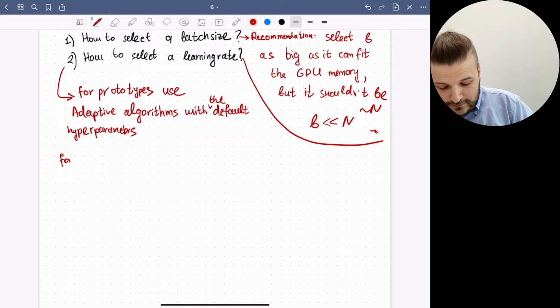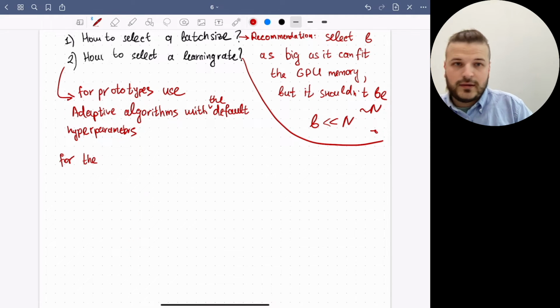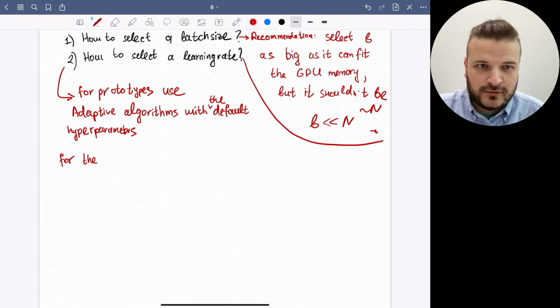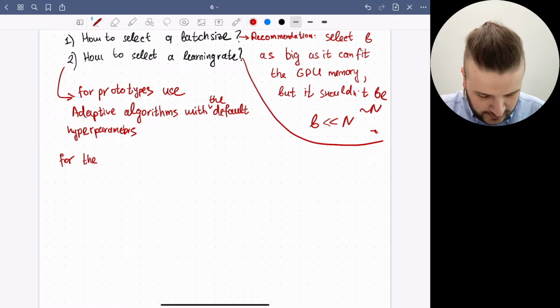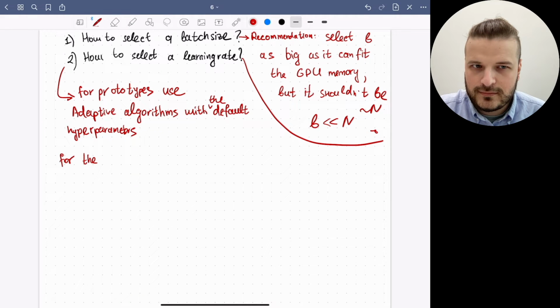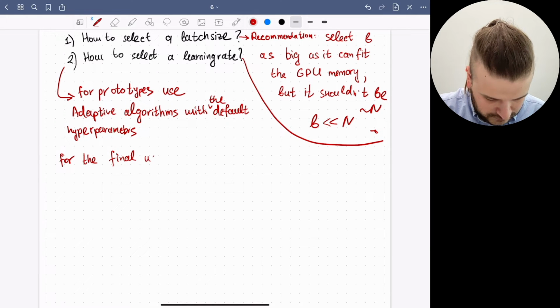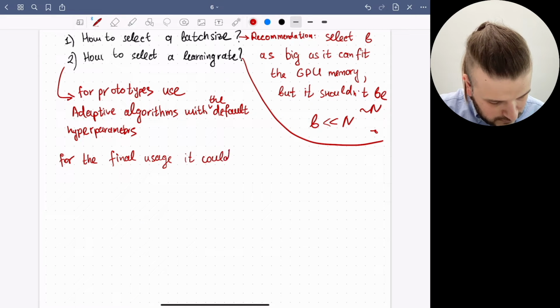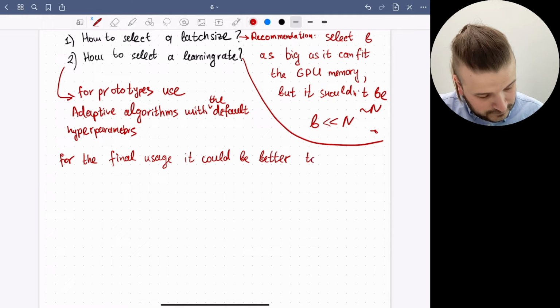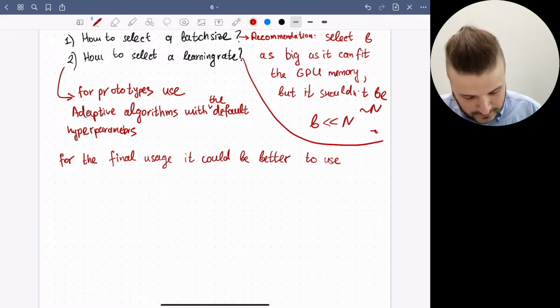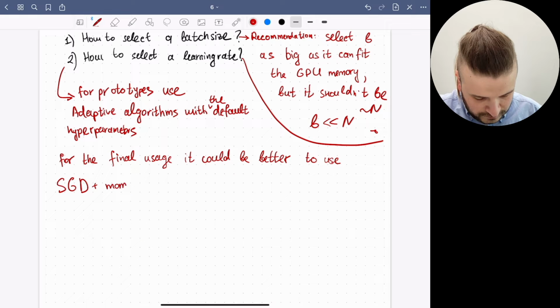But for production tasks, or for the actual tasks, let's say final usage, it could be better to use SGD plus momentum.